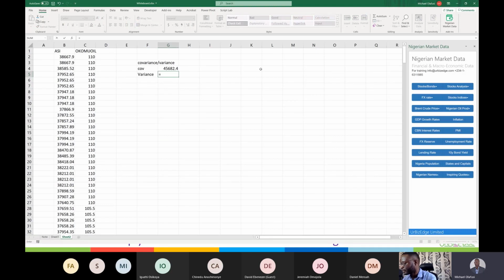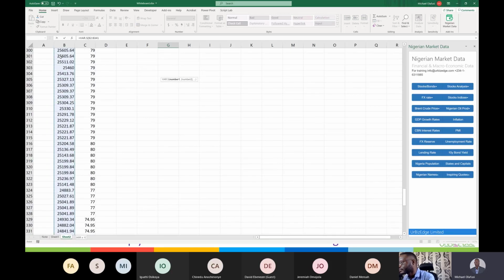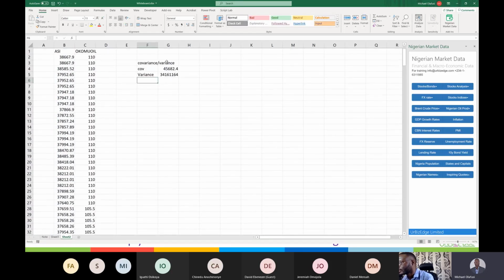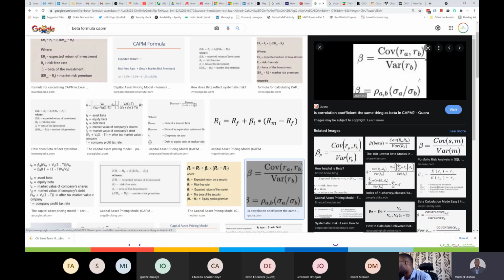So the variance of the market. Variance sample of the market. Good. So it's equal to this one divided by this one. That's, the gap is really too much.